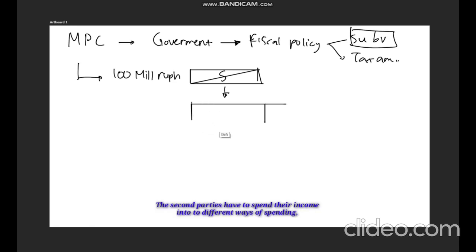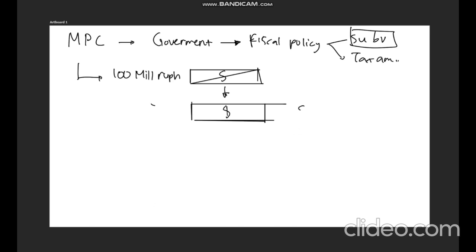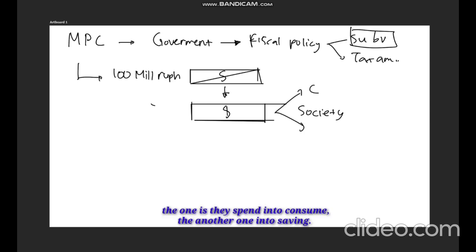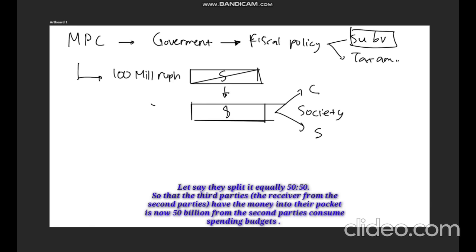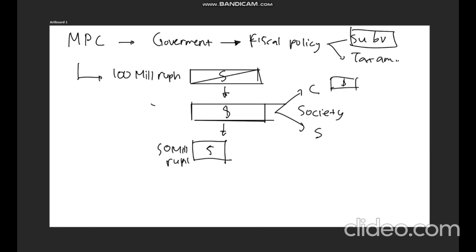The second party has to spend their income in different ways. One is to consume, another is saving. Let's say they split it equally 50-50. So the third party, the receiver from the second party, now has 50 billion in their pocket from the second party's consumption spending.